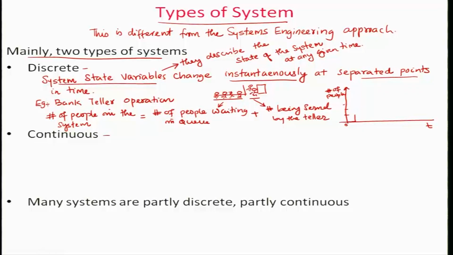Then one more person arrives, it goes to 2, continues, and at some point the first person's service gets done, so it goes down to 1. Then another arrival happens and it goes to 2, then another arrival, goes to 3, then it comes down to 2, then down to 1, and it continues like this.